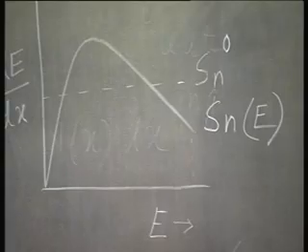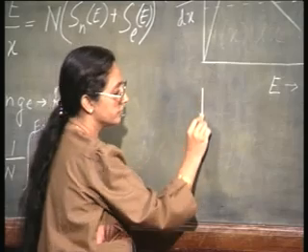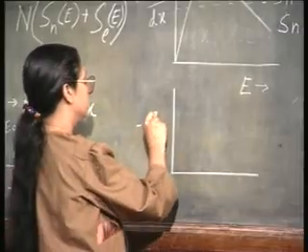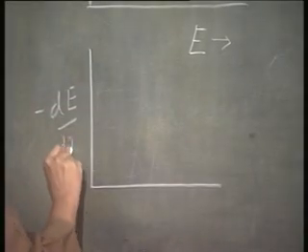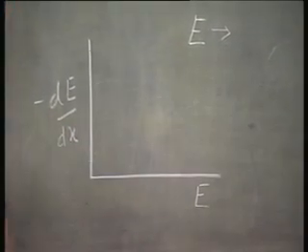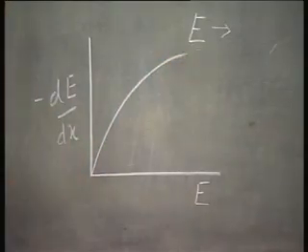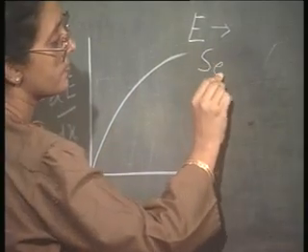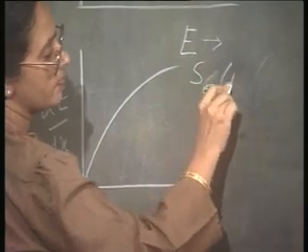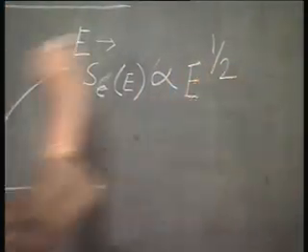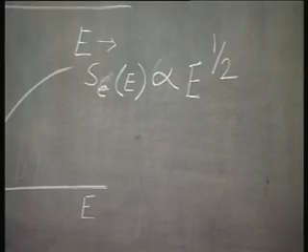On the other hand, if we look at the electronic stopping, it increases like this, that is Se is proportional to the square root of energy.